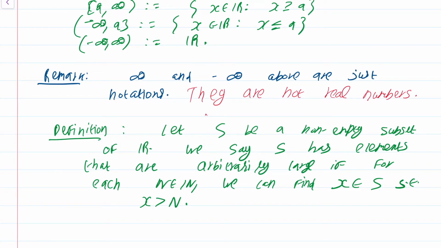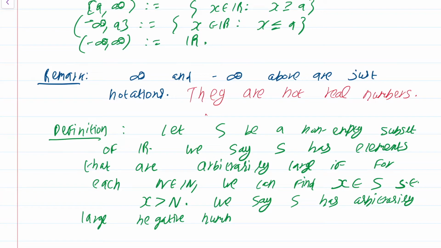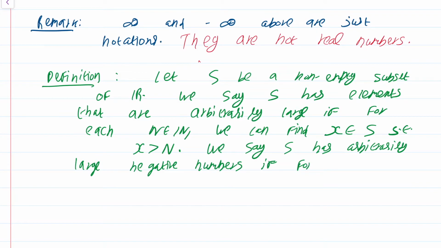Okay. Similarly, we say S has arbitrarily large negative numbers if for each n in N we can find x in S such that x is less than minus n.